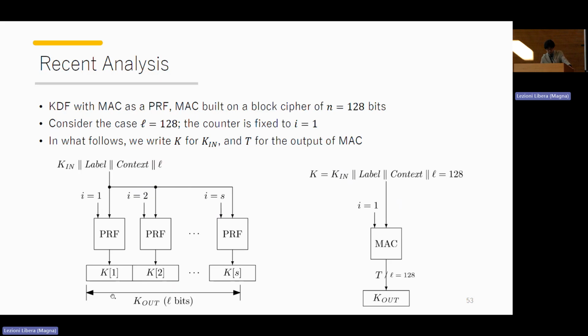So we want to have one block session key here. And in this case, the counter is fixed to 1. In this way, these inputs go to the MAC. So let me write this K as K in and T for K out.